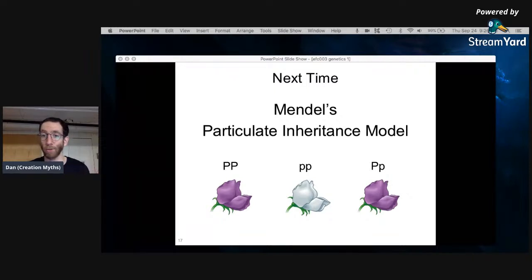I don't see any questions, so I think we're going to call it good. Everybody good? We understand why there's no blending inheritance. Next time we're going to talk about particulate inheritance. It's going to be great. Bring your friends. I am super excited.